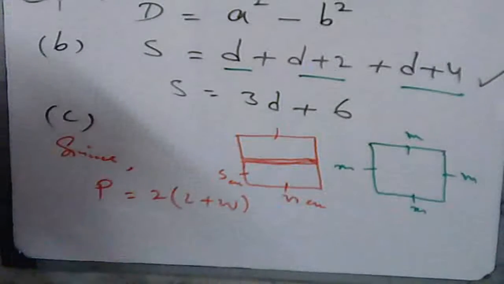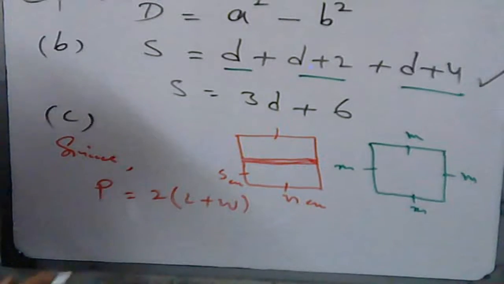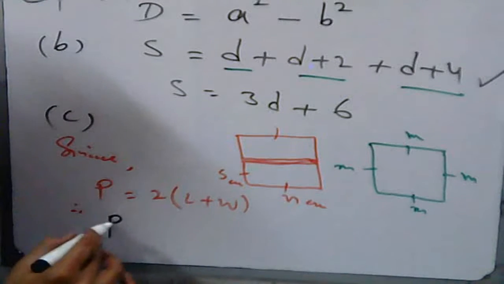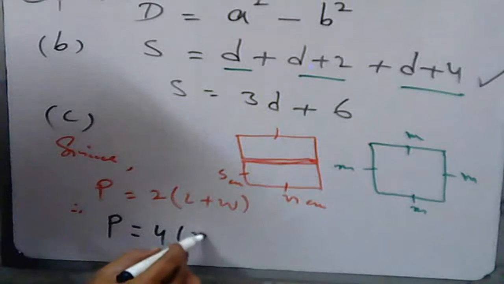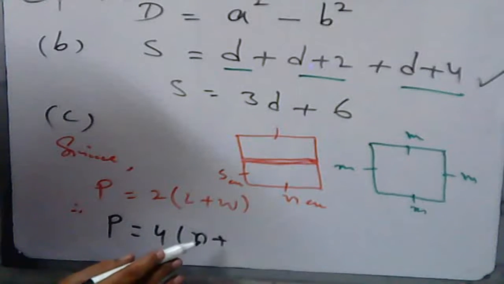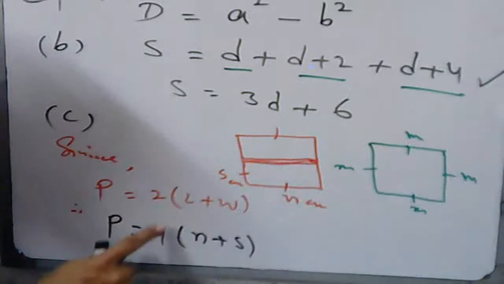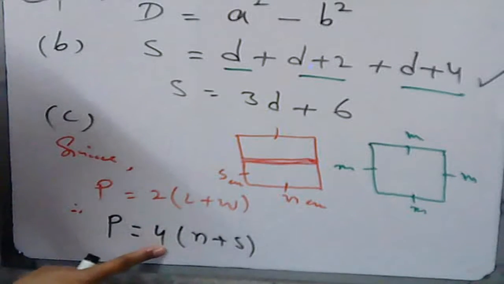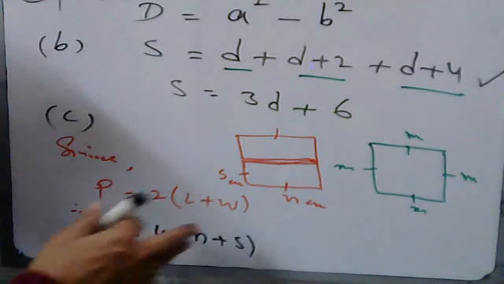In this given situation, the perimeter will be equal to 4 into, because length is n and width is s, and because we have two rectangles, multiplied by 2. So that's why you can say that 4 into n plus s will be the perimeter for the given statement. With the help of the given statement we can draw a result.